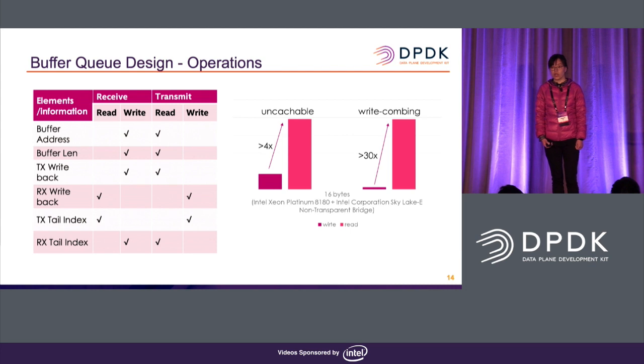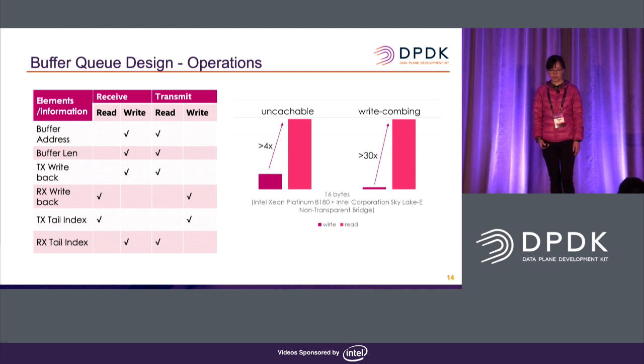The RX write back information, such as how long the packet is, the receive side needs to know. The TX tail index, the transmit side needs to update to tell the peer where the TX traffic is, and the RX tail index, the receive side needs to update to tell the peer where the buffer is ready for me to receive.